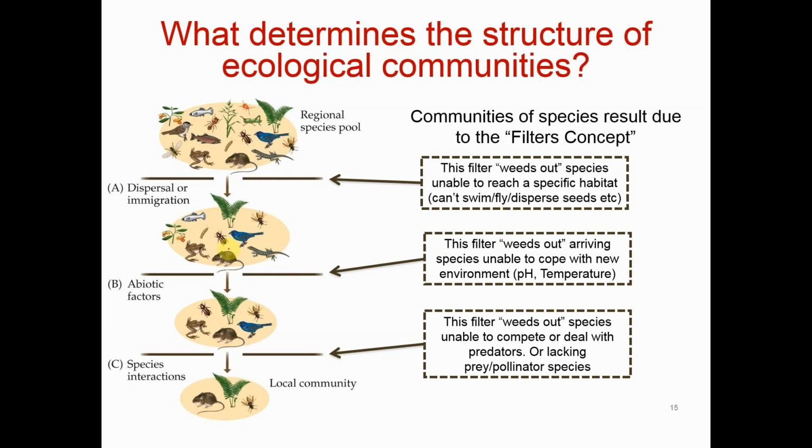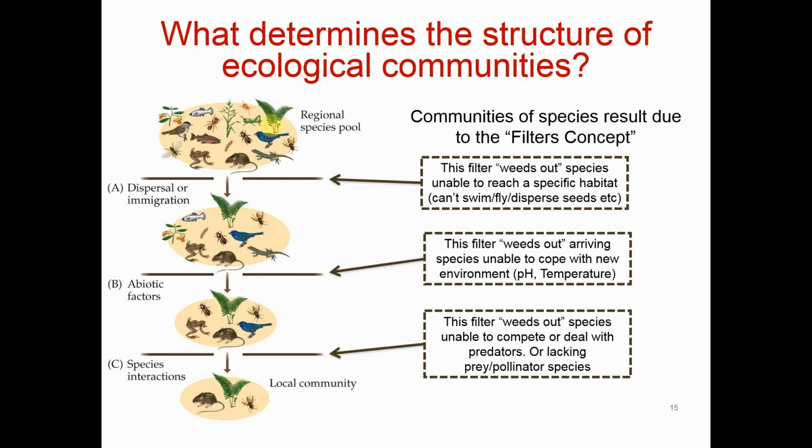Then we have the species that pass through this abiotic filter, and this is the group of species that are able to make it. To get to the final local community, these species then have to pass through the biotic filter, which is based on species interactions. This biotic filter weeds out species that are unable to compete or deal with predators, or they're lacking prey or pollinator species.